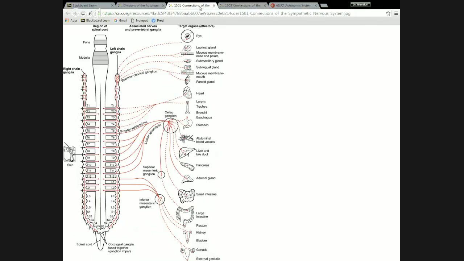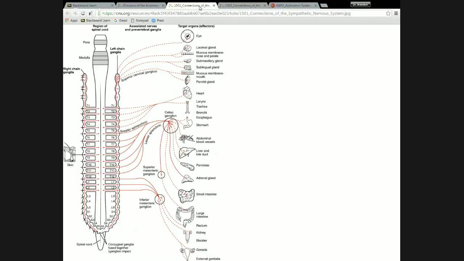Oh, sorry, this is not parasympathetic. Okay, let's pretend I switched over to the parasympathetic picture. All of the parasympathetic stuff is on one side in the picture. It's not the way it is in the body. You know, you have bilateral structures. You have two eyes, two sets of glands in your head, that sort of stuff. They've just drawn one into the picture.